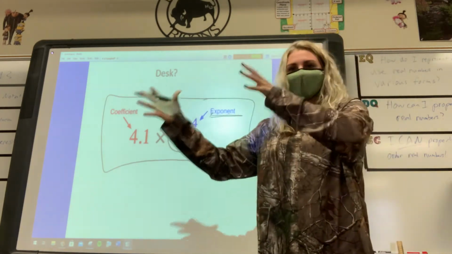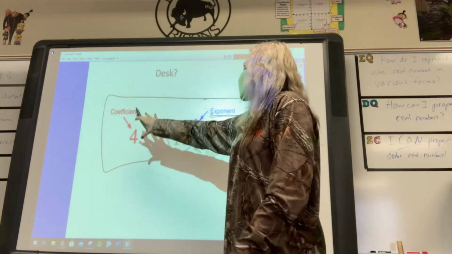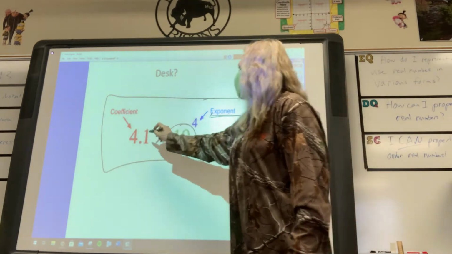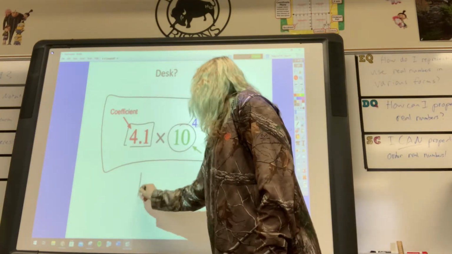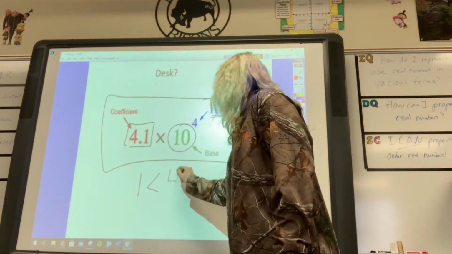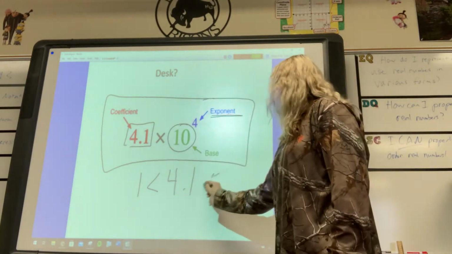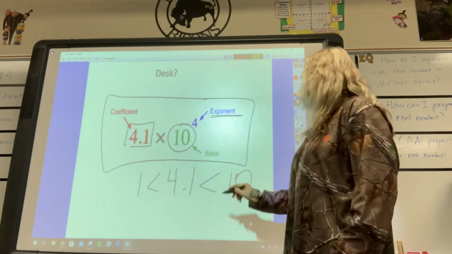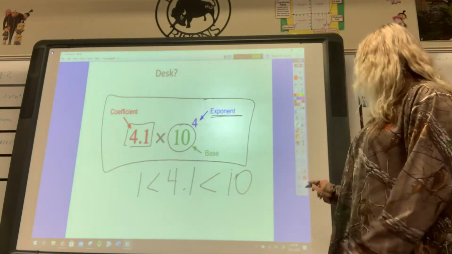We're in a different unit. Our coefficient here is still being multiplied, but the key, like Mr. Campbell mentioned, is that it has to be greater than 1, and 4.1 is greater than 1, but it has to be less than 10. So we are in the clear with this coefficient, and we will move forward from there.